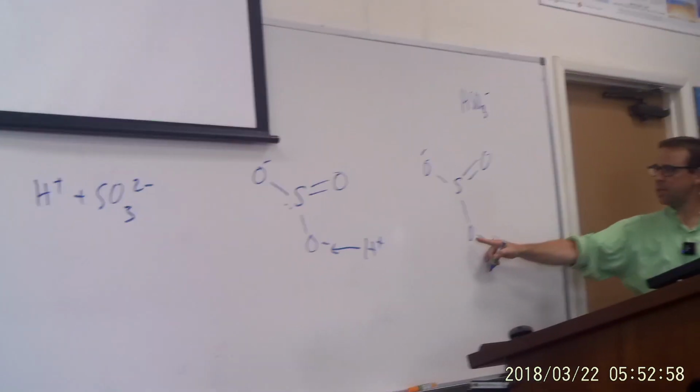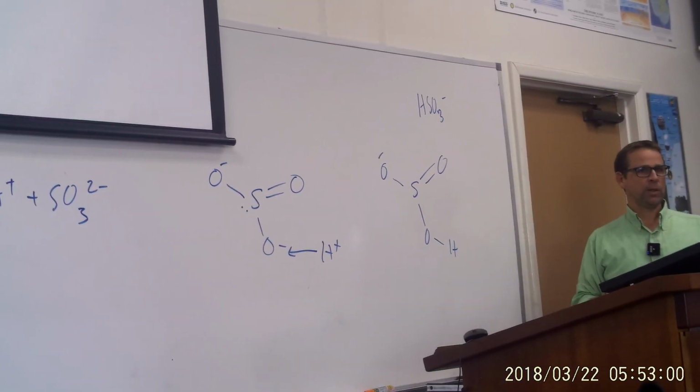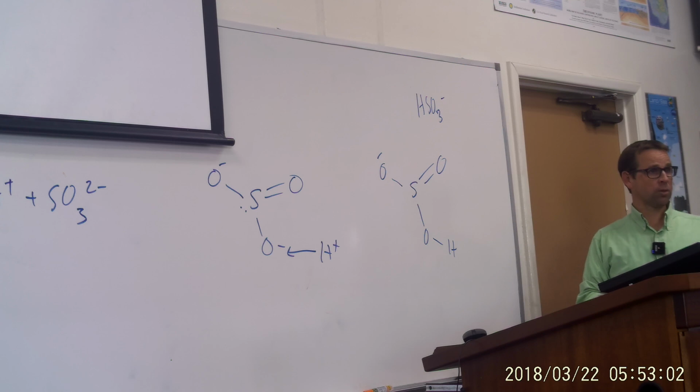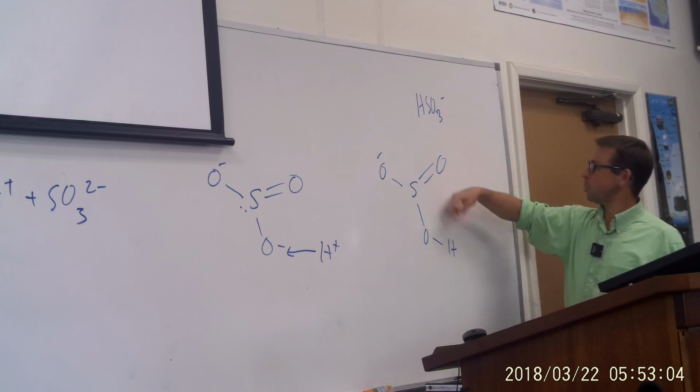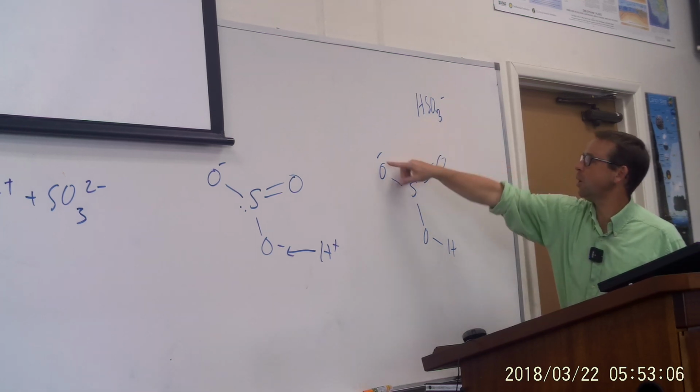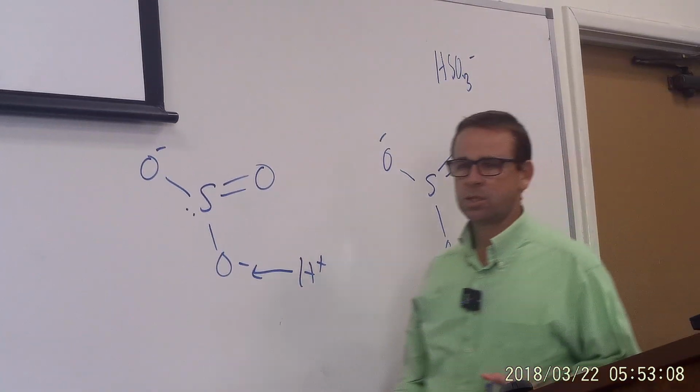So the hydrogen is connecting to an oxygen, right? And that's how oxyacids work. Oxyacids take the proton by way of the oxygen because that's where the electron density resides.